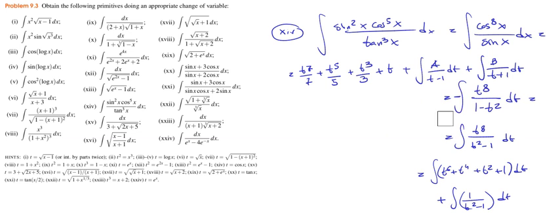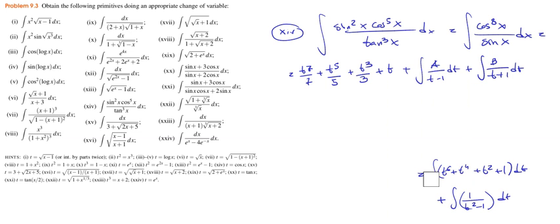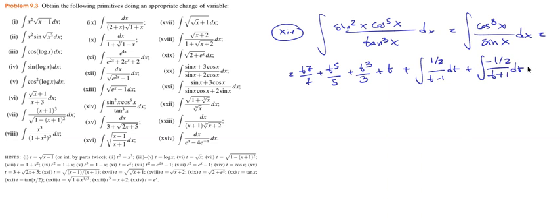And we know that a times t plus 1 plus b times t minus 1 has to be 1. Now if we solve this, a is 1/2 and b is minus 1/2. So the primitive of this is 1/2 the logarithm of t minus 1 minus 1/2 the logarithm of t plus 1 plus c.